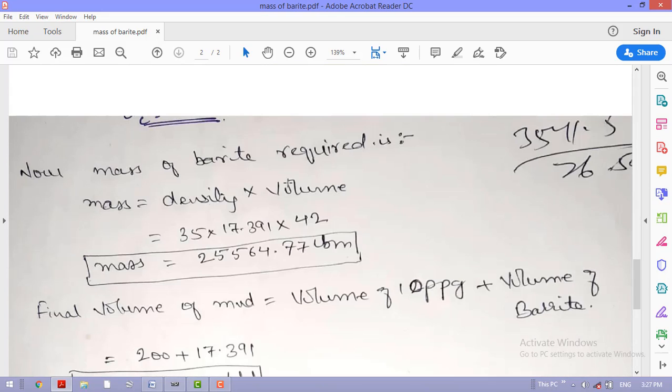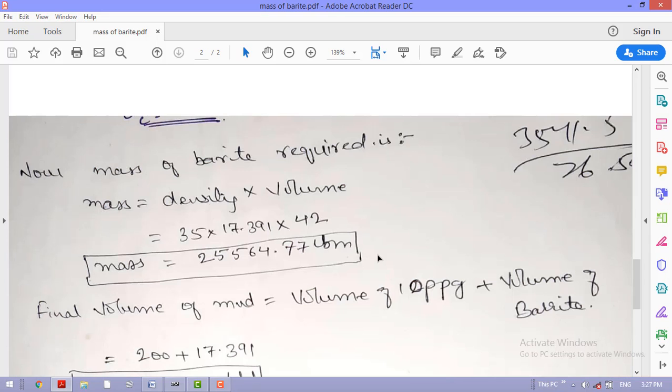Here again the density is in lb per gallon and the volume is in barrels, so to convert gallons into barrels, I have multiplied with the conversion factor 42. So mass is equal to 25564.77 lbm. This is your answer for this question.